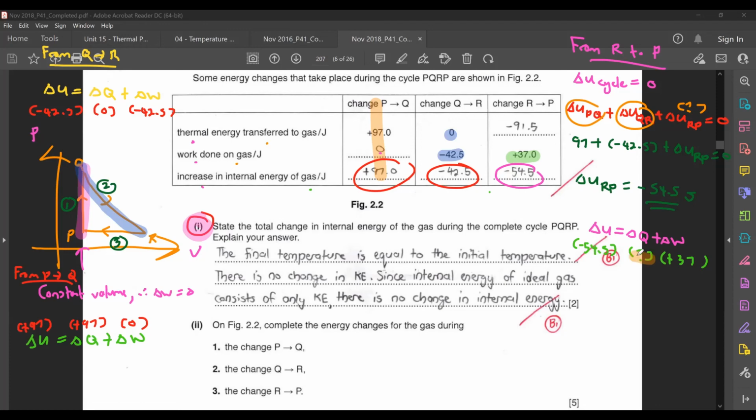You can easily see that delta Q is just going to be negative 54.5 minus 37, giving you negative 91.5 joules, which is this answer here. Okay, right? So there you have it.